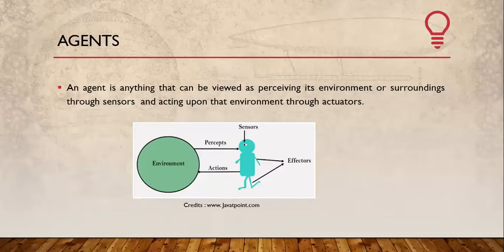Here there is a very small diagram which shows an agent. It could be a human agent, it could be something else. What it could be, we'll see in a short time. But yes, it has a sensor, and you can see an eye being shown, which is nothing but what takes input, and the percepts are received from the environment.